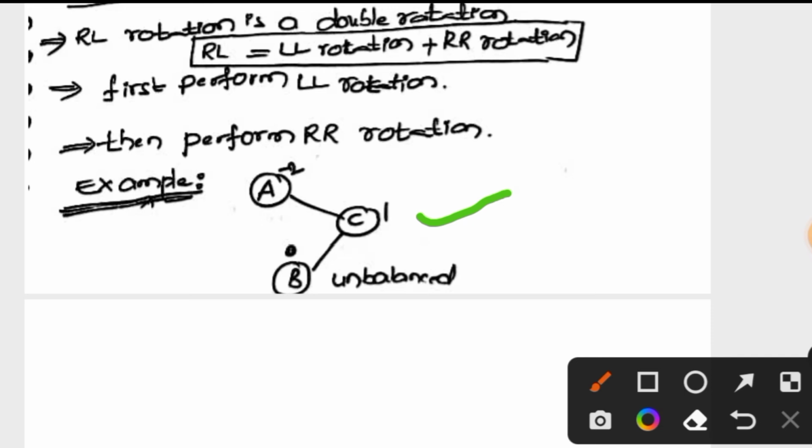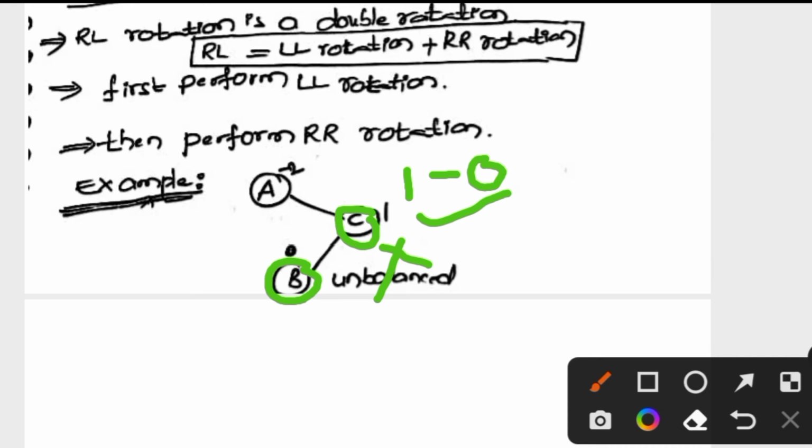First we have to calculate the balance factor of B, that is 0, and the balance factor of C. Left side one node is there, so the height of the left subtree is 1, and right side there is no element, so we consider it as 0. So the balance factor becomes 1, then there is no need to balance.